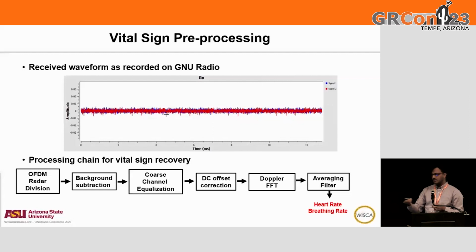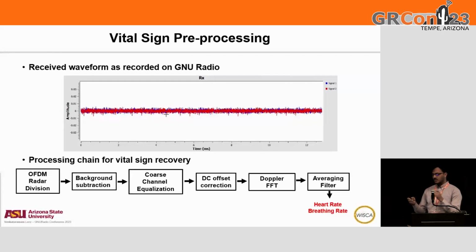So with that said, we'll walk through the processing chain that we use for the vital sign recovery. As mentioned earlier, the OFDM radar processing has to first take place, so you get some time-varying channel residue. We do some clutter mitigation to remove some background noise that is there.